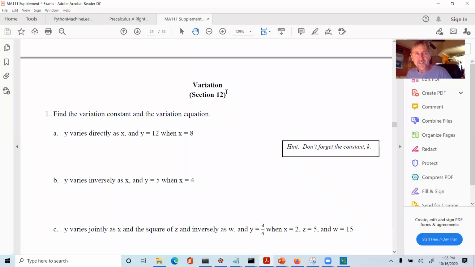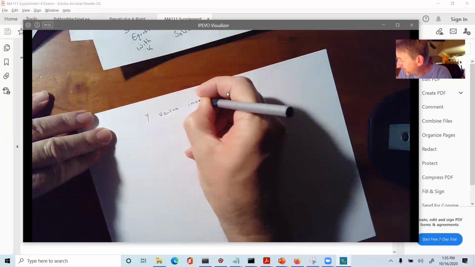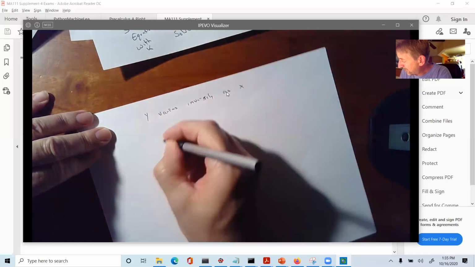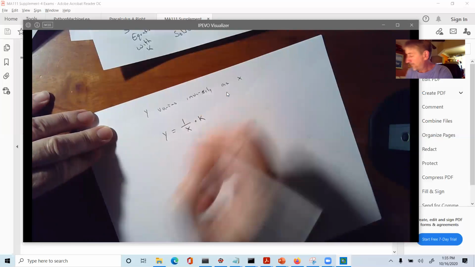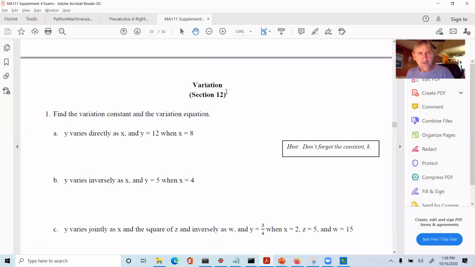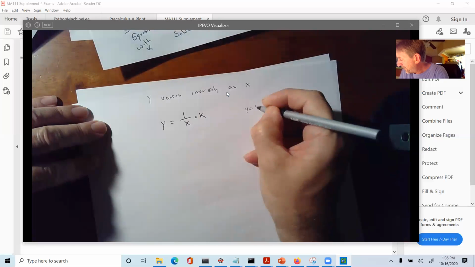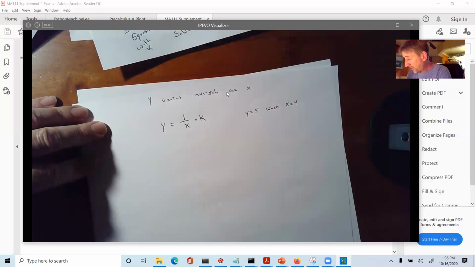1B, y varies inversely as x. So that means y equals 1 over x times k. Y equals 5 when x equals 4. So plug that in.